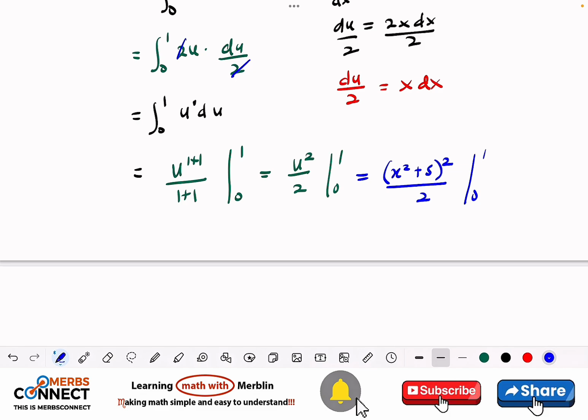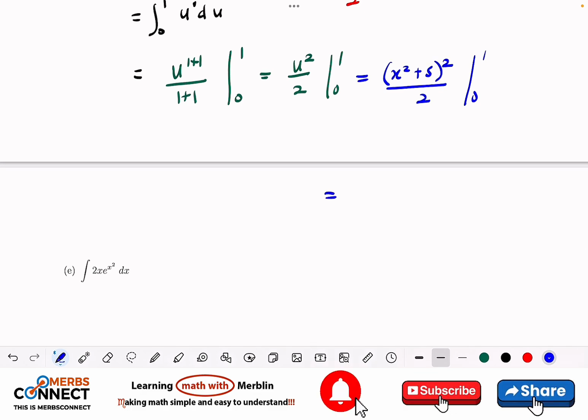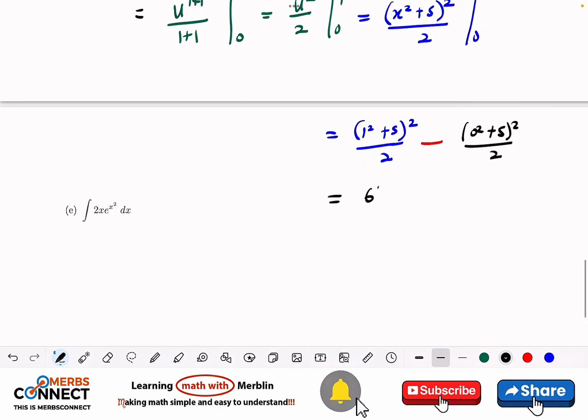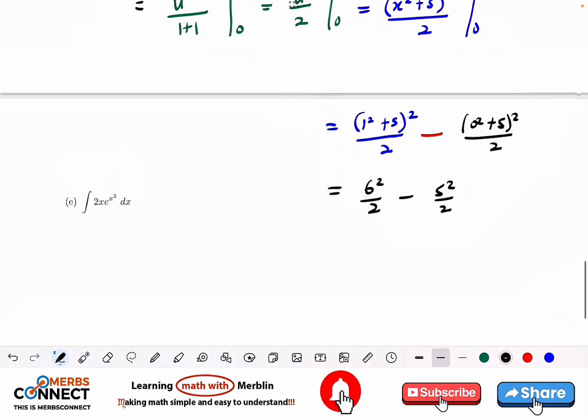Now we can do the substitution, right? We can plug in 0 and we can plug in 1. So let's go. When I plug in 1, I'm going to have 1 squared plus 5 all squared divided by 2, then minus, when I plug in 0, 0 squared plus 5 all squared divided by 2. So what will be the final result? Here will be 6 squared divided by 2 minus 5 squared divided by 2.